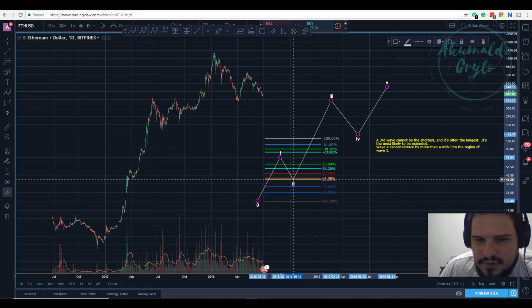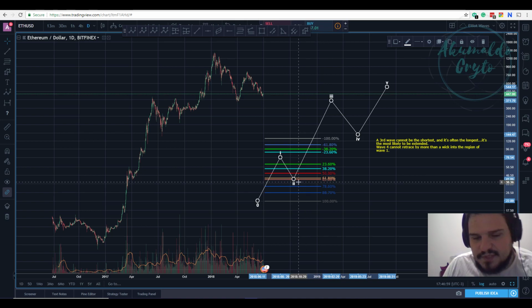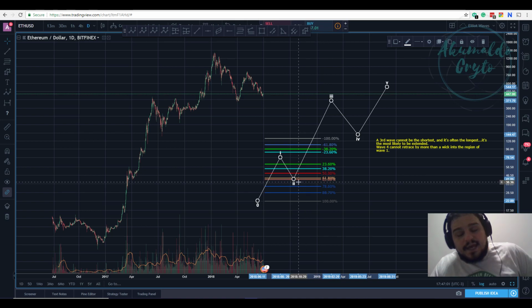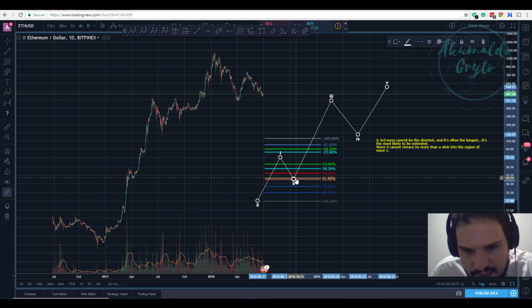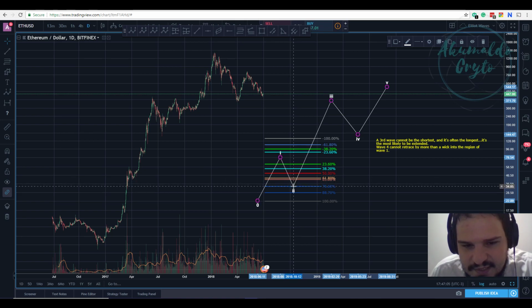Wave 2 usually retraces to 50% at least, and often the best spot to retrace is this region here, 61.8%, 65%. It can retrace more. It can retrace to 78.6%. It can retrace 80, 87%.